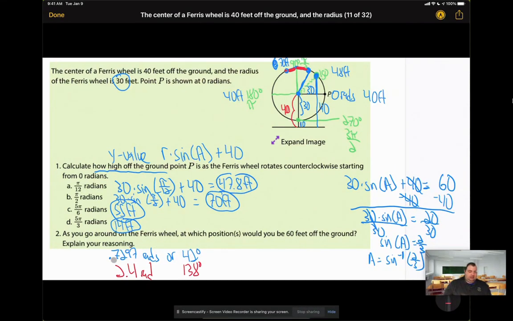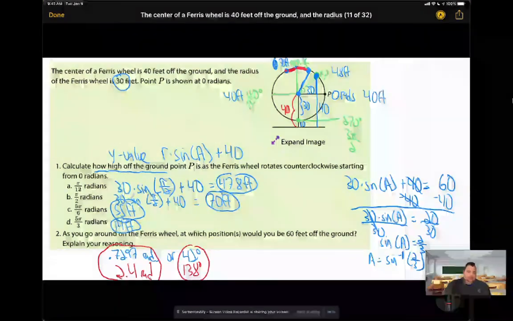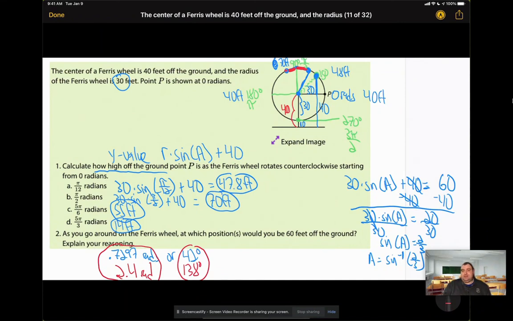And in radians, that would be 0.7297 radians and 2.4 radians. So that would depend on whether we were giving the answers in degrees or radians. I would accept either one, since it didn't specify whether they wanted the positions in degrees or radians. Okay, that is it for this lesson.